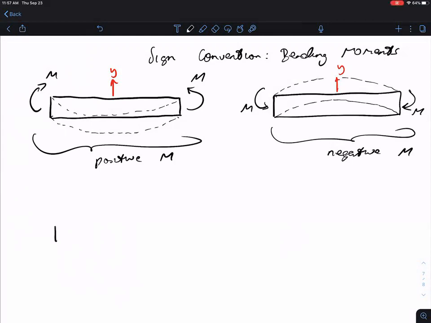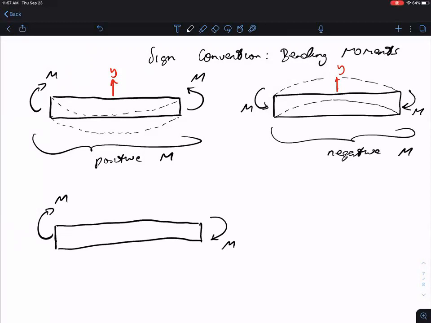We can also have situations where the moments at the ends of the segment are in the same direction. So for example, in this case, the end moments are both clockwise. So this produces a deflected shape, and I'm just going to draw it at the center line. This produces a deflected shape that looks something like this.